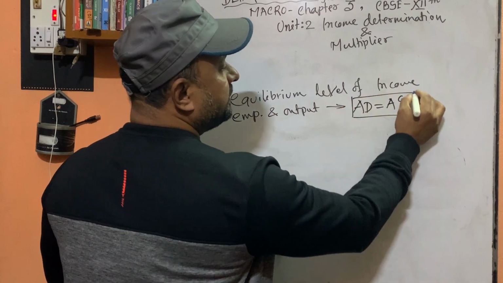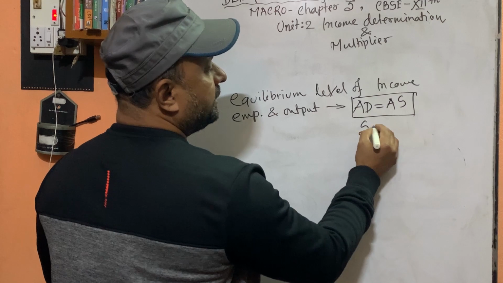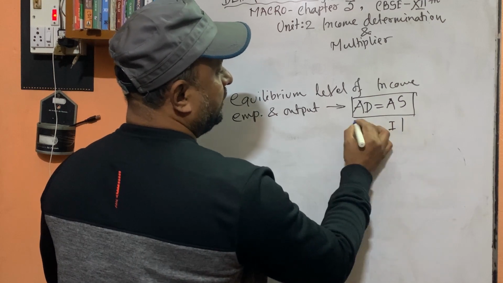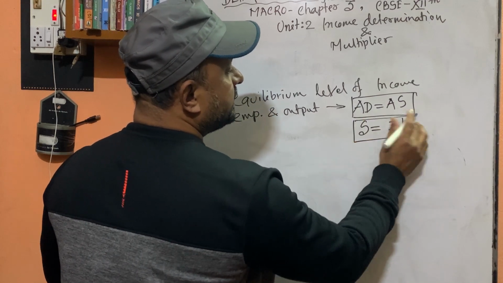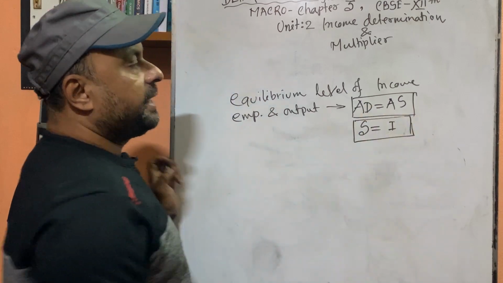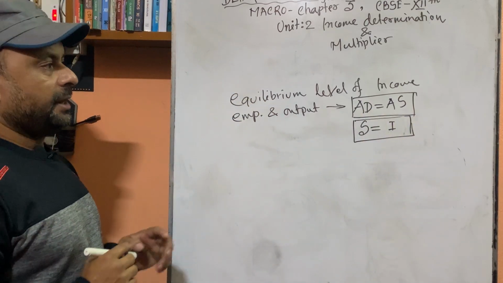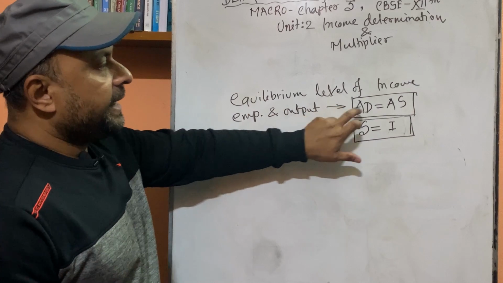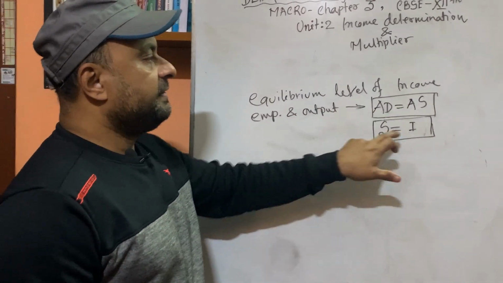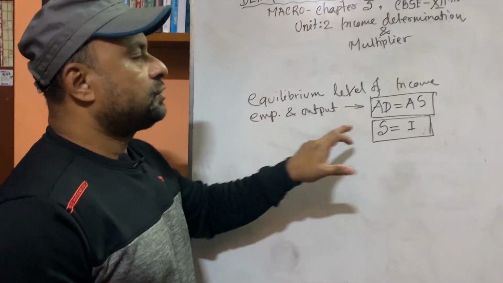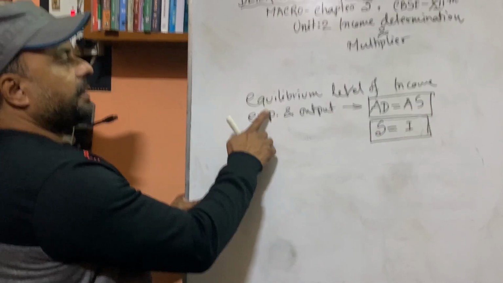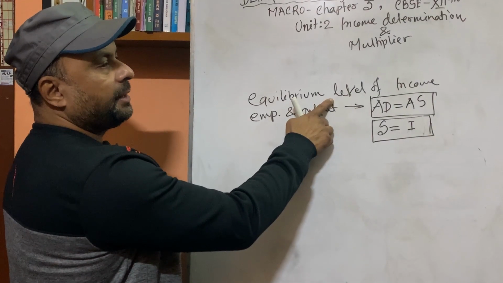This is one concept. Another is where the country's savings and investment are equal. These are the two approaches where we can determine the equilibrium level of income and employment: where the country's AD and AS are equal, or where savings and investment are equal.